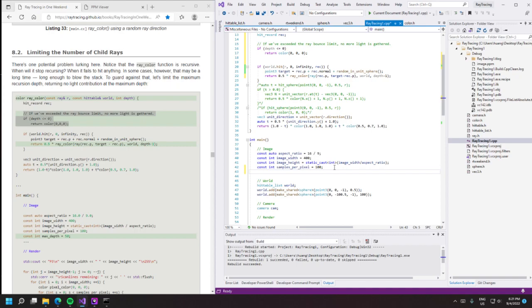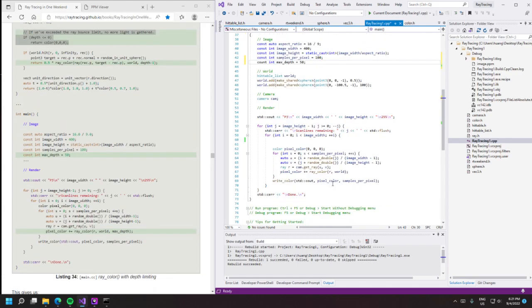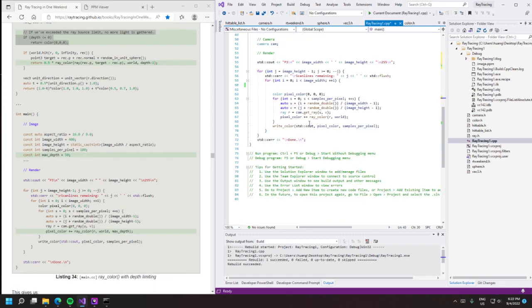We also set up a max depth. I don't think we need to refract the light infinite times. It's totally unrealistic. And we also changed the function call here. We include the kind of universal max steps.